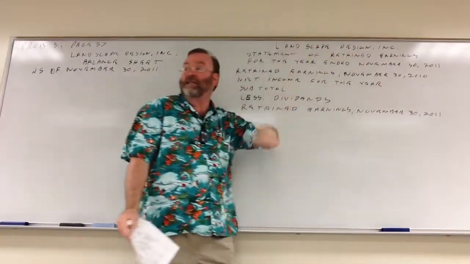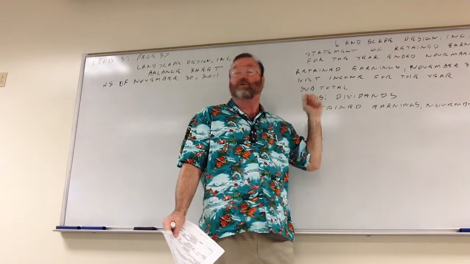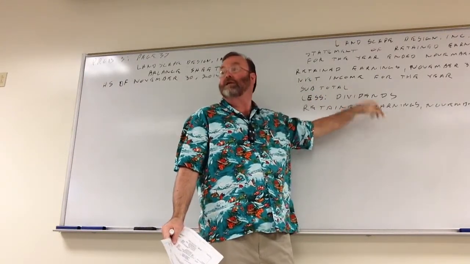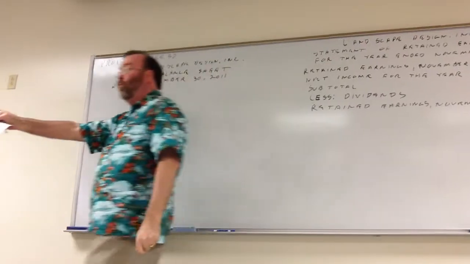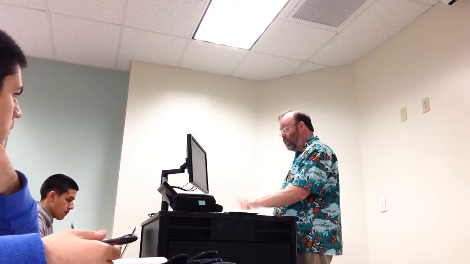Then we added this year's net income and subtracted the dividends that we sent to the shareholders to get the ending balance. That was the one exception on this list in the book: all of the accounts were as of November 30th, 2011, like accounts payable and accounts receivable, with the exception of retained earnings, which stated 2010 because you're calculating it. Any other questions?